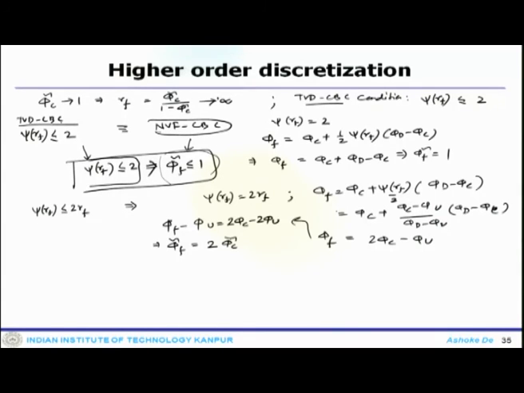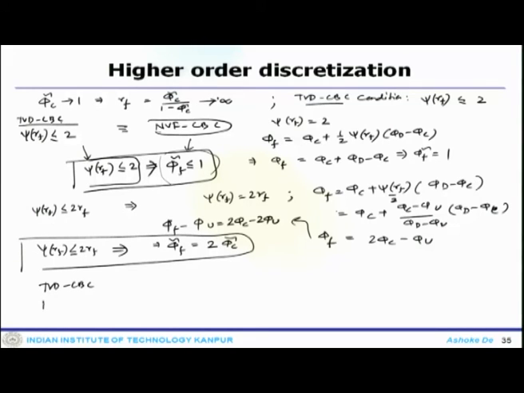So, the condition which will satisfy it here, psi RF less than 2 RF, the equivalent condition is phi f tilde equals 2 phi c tilde. So, this is slightly more restrictive than the NVF CBC and is the only difference between the two formulations. Now, based on this condition, the TVD CBC and the modified NVF CBC can be seen in this particular diagram.